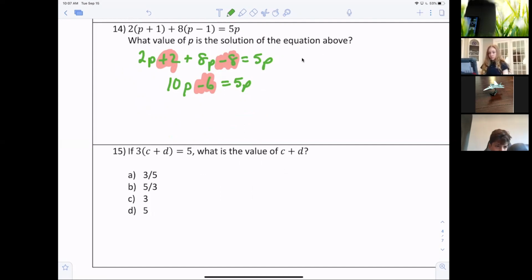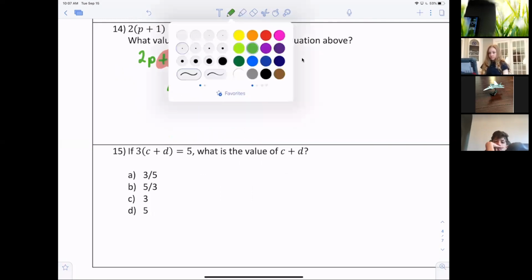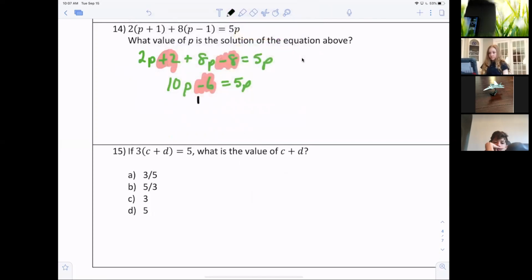You cannot combine a variable and a number. You cannot combine p and 6. What I want you to do from here is add 6 to both sides and subtract 5p.